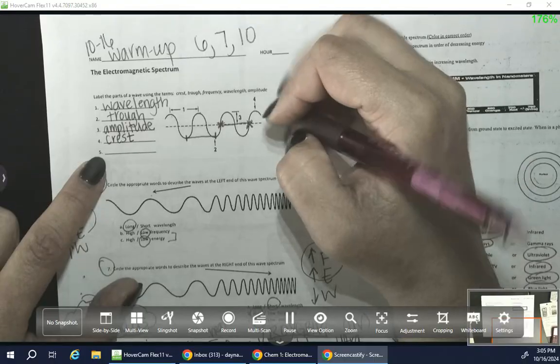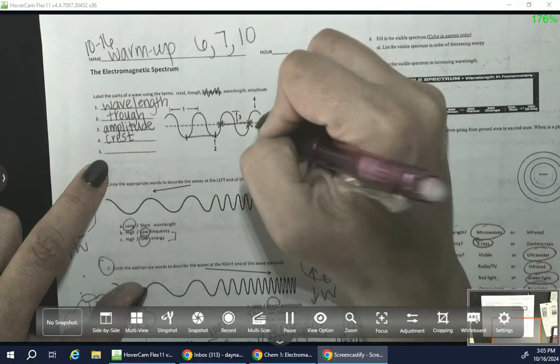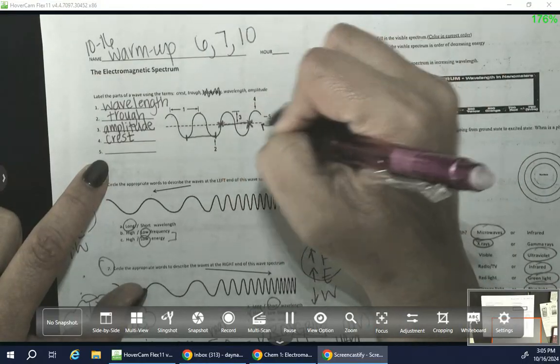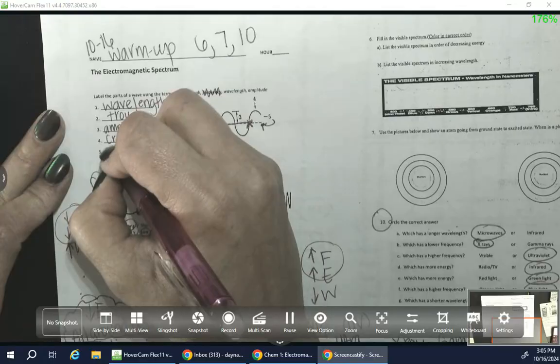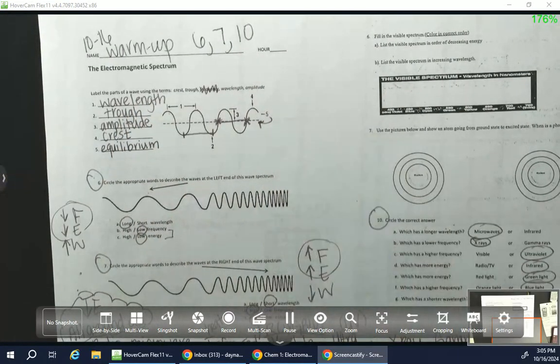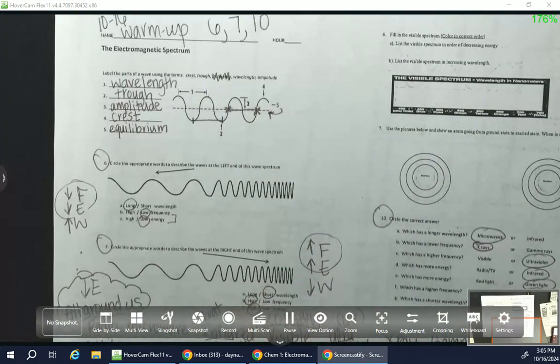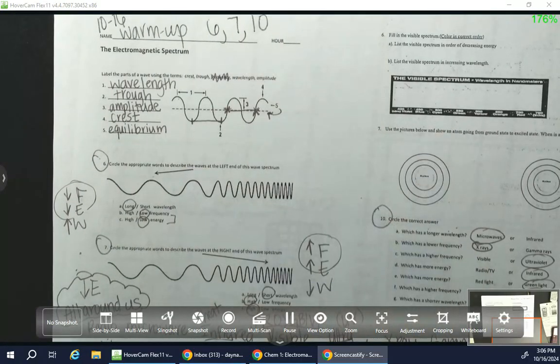Number 5 should probably not be there because you can't really show frequencies. So I've been telling everybody to put an arrow to that middle line, because that's your equilibrium line, or your midpoint. You always measure from that midpoint up for amplitude. Okay, so you now have those answers. We're all good? All right, cool.